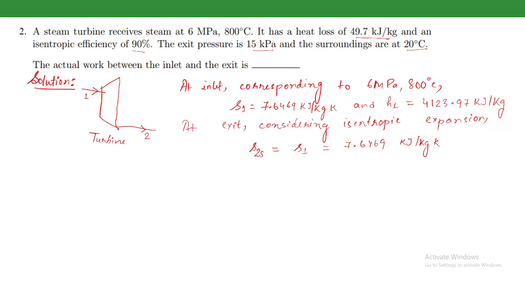The 2s here denotes that we are considering the expansion to be isentropic, that is, the point 2s is reached when there is an isentropic expansion process.